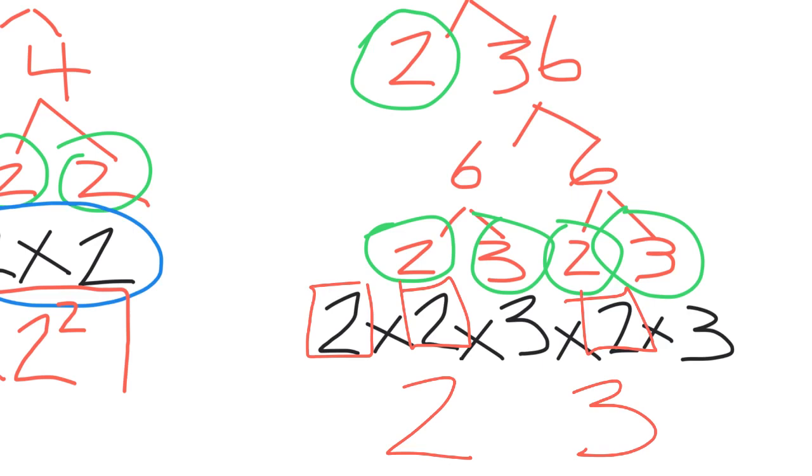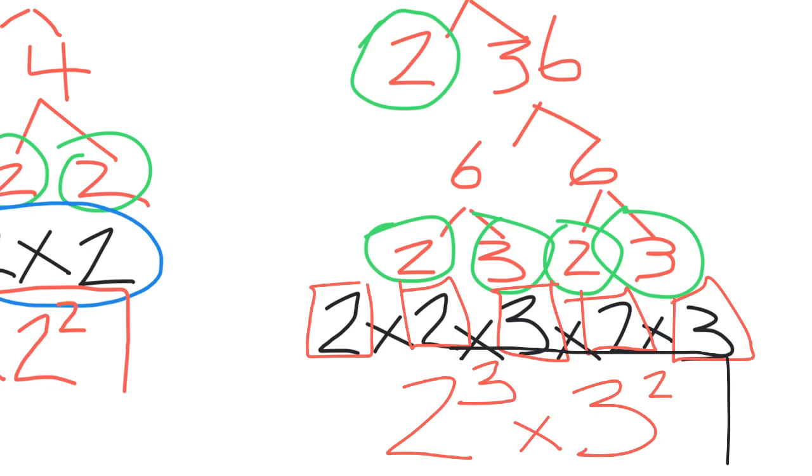So that means I have to put 2 to the third because my power tells me how many there are, times 3 to the, let's see, there's 1, 2. So 3 squared. So see, it just makes my final answer look so much prettier. It adds that exponent so that I don't have this huge, long, expanded answer. I can condense it a little bit with these exponents and any numbers that are duplicated.